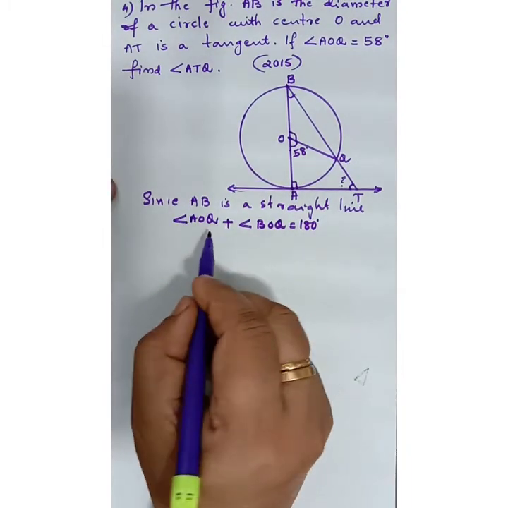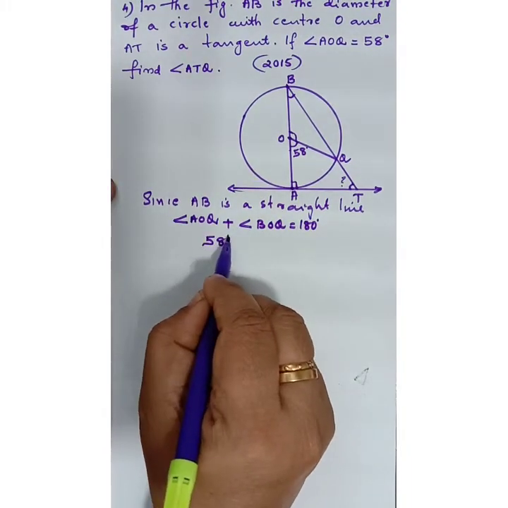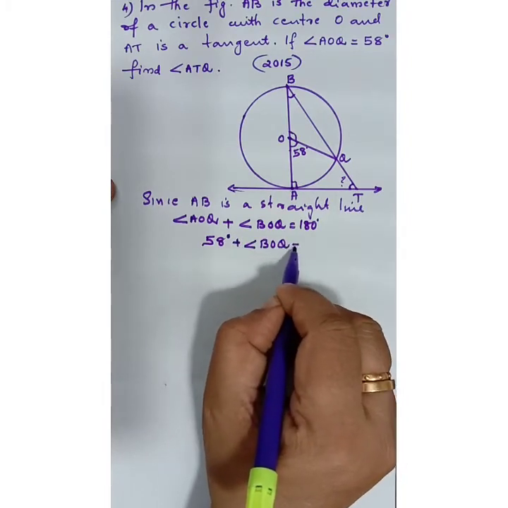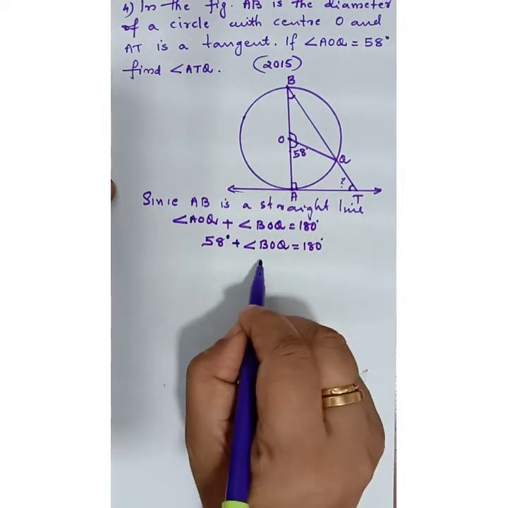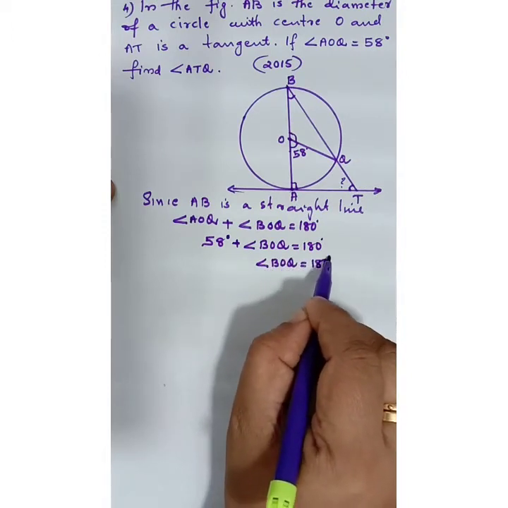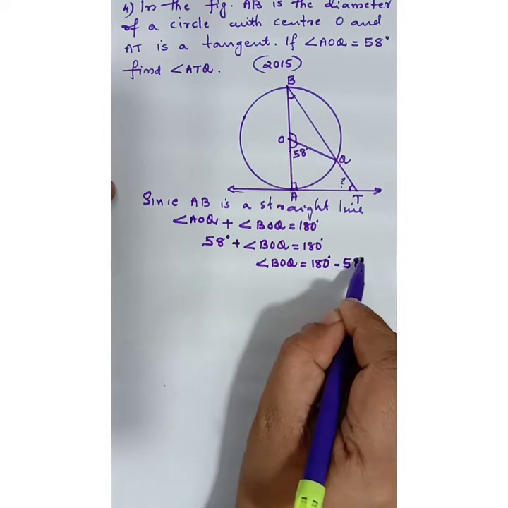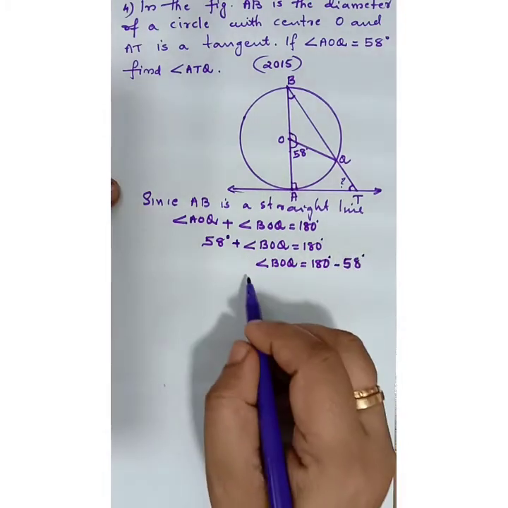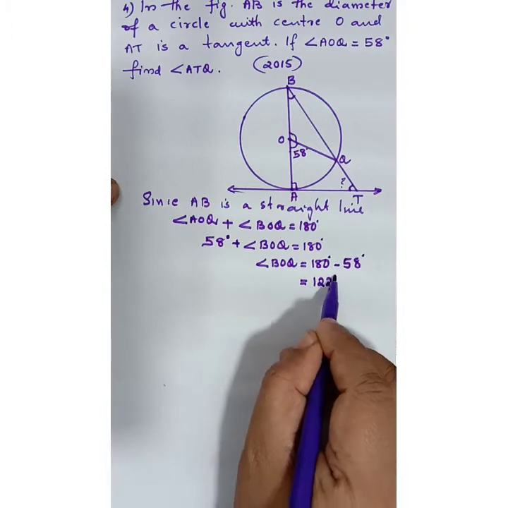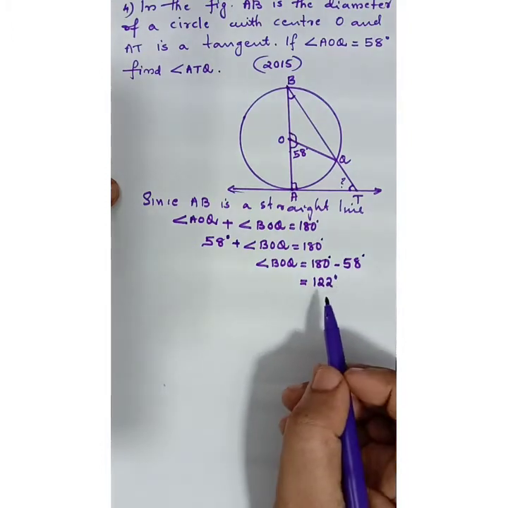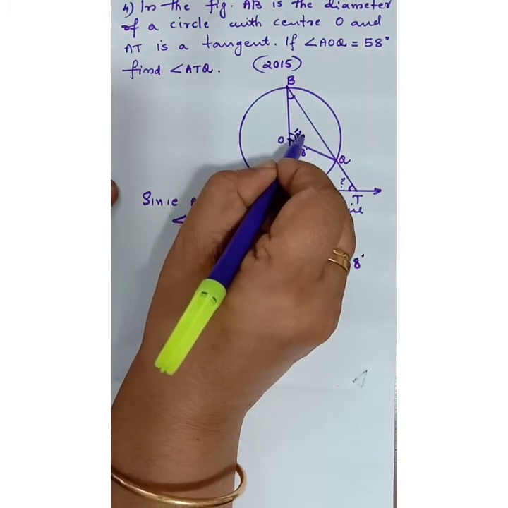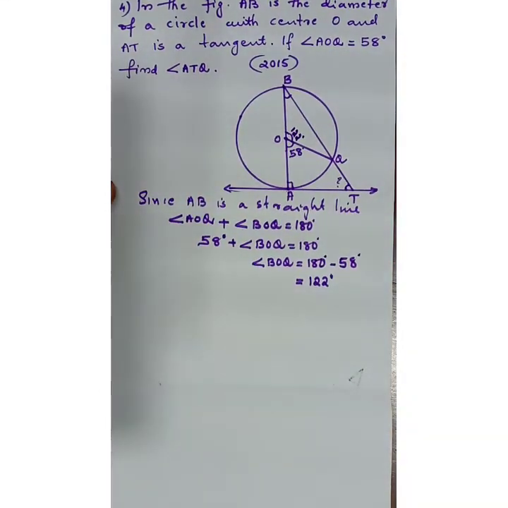So angle AOQ is given to us, it is 58 degree, plus angle BOQ is equal to 180 degree. Therefore angle BOQ is equal to 180 degree minus 58 degree. What is 180 minus 58? Isn't it 122 degree? Okay. So this 122 we are getting here, let us mark it as 122 degree.